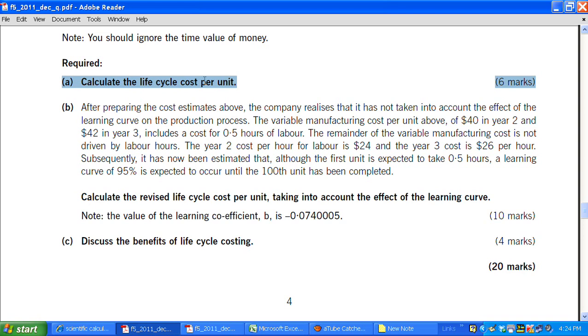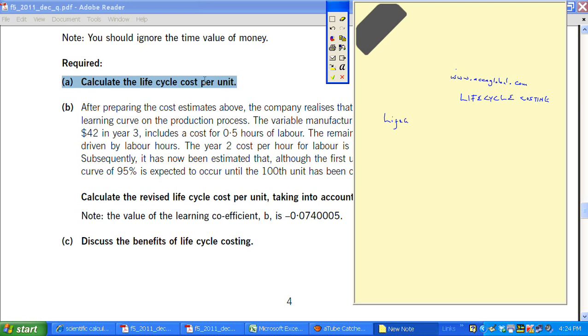So what's a life cycle cost? Life cycle costing seeks to take care of all costs during a product's life cycle.